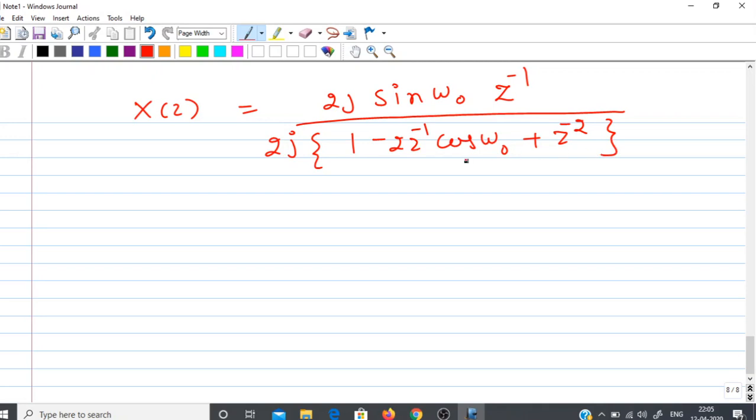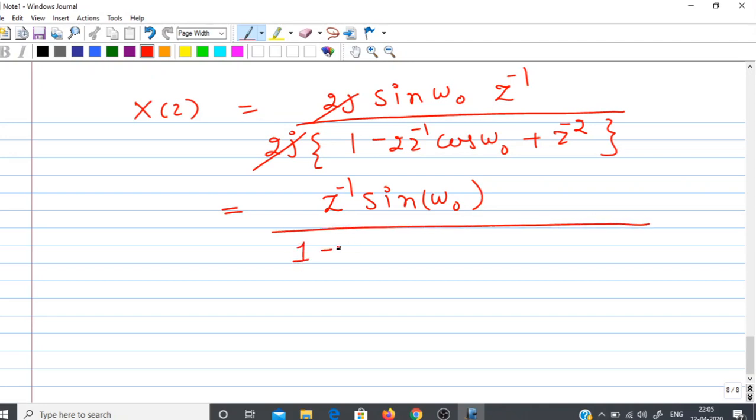The numerator expression is almost similar to that of our previous case. Now this 2j cancels. So we have sine omega naught multiplied by z inverse, divided by 1 minus 2z inverse cos omega naught plus z to the power minus 2.